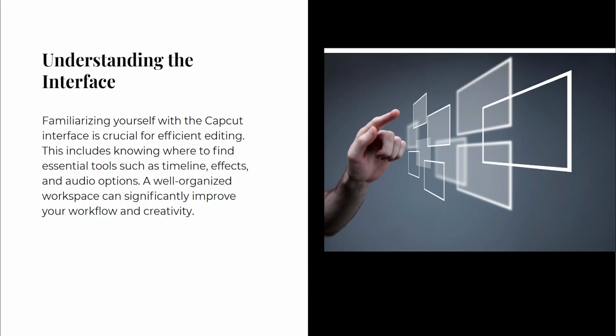Familiarizing yourself with the CapCut interface is crucial for efficient editing. It will save a lot of time, which includes knowing where to find essential tools such as the timeline, effects, and audio options. If you want to work on the timeline, you need to know what the essential tools inside the timeline are. If you want to add any kind of effects, you need to know where to find those.